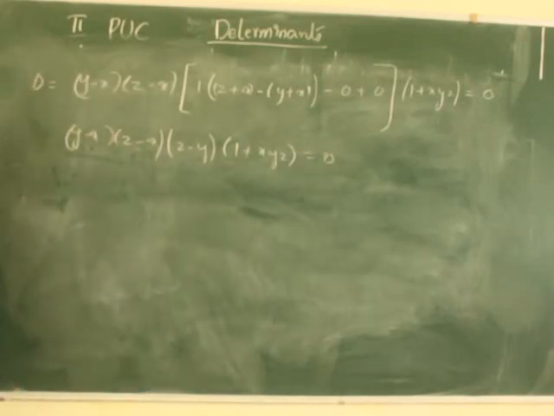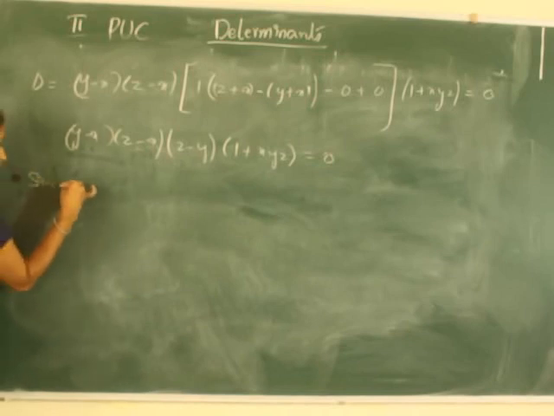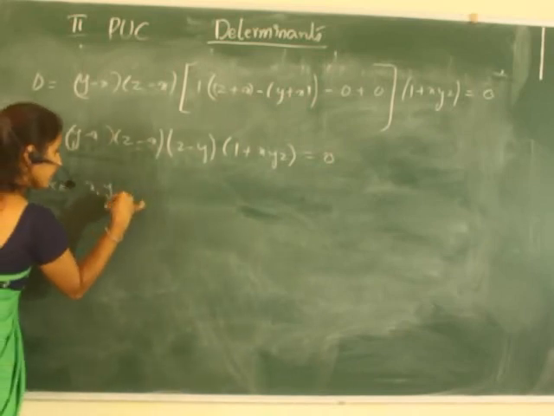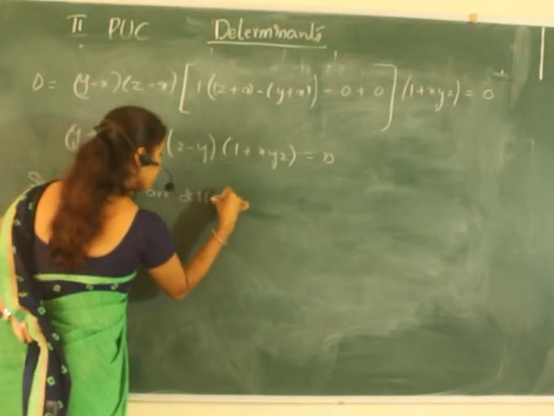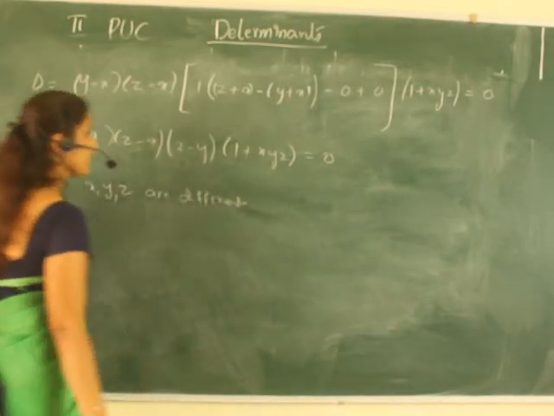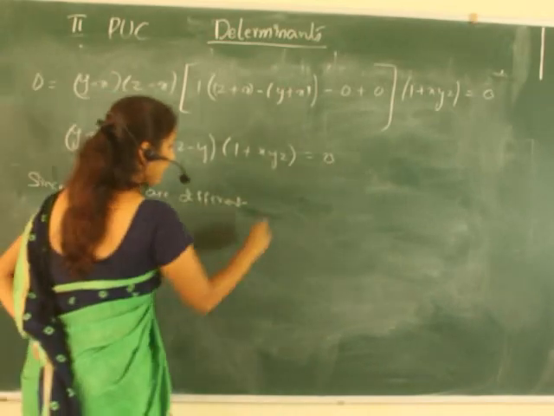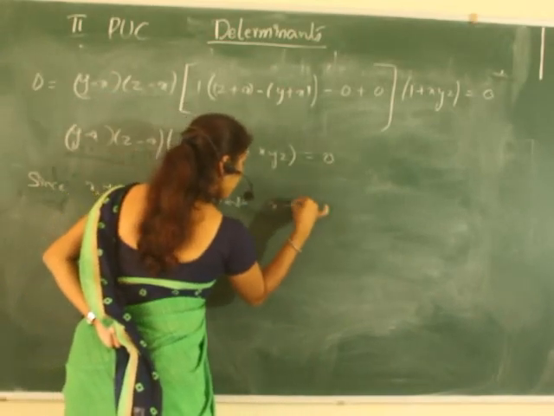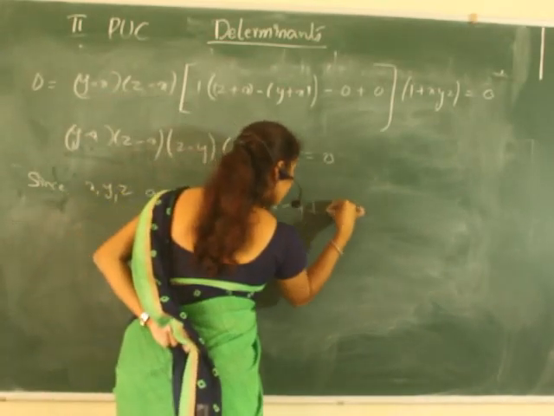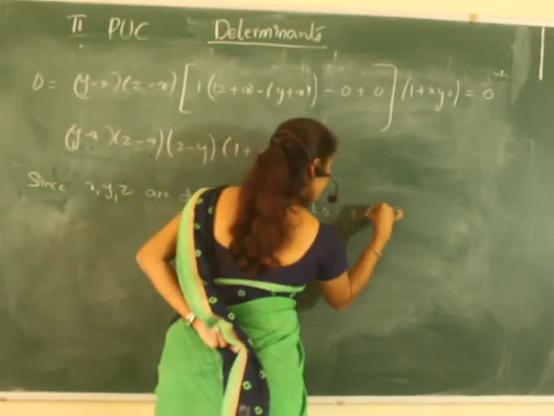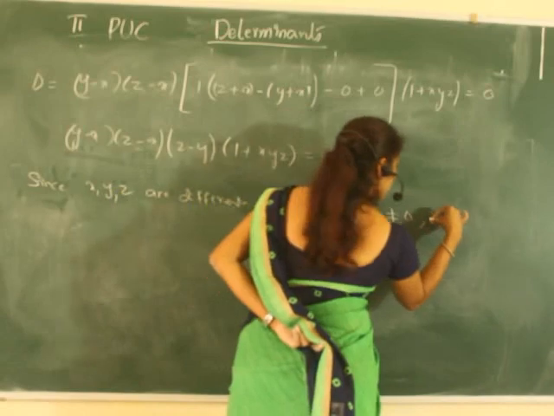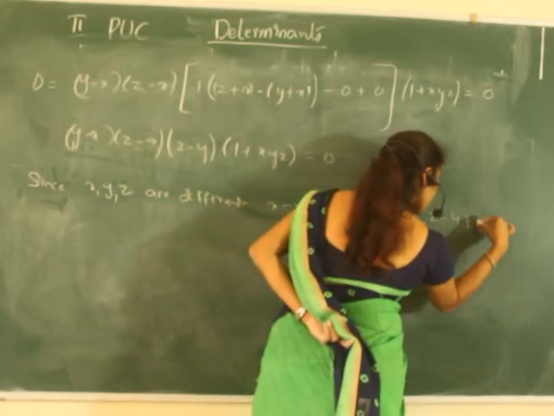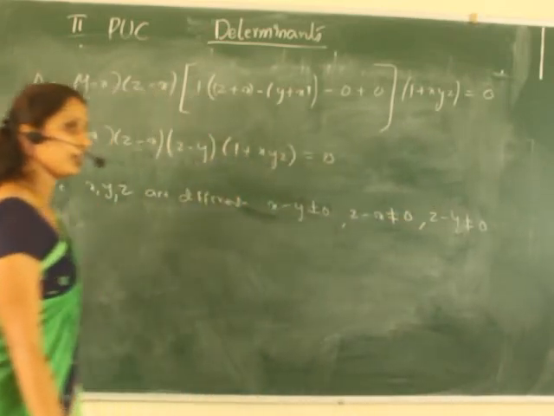Since x, y, z are different, x minus y is not equal to 0, z minus x is not equal to 0, z minus y is not equal to 0.